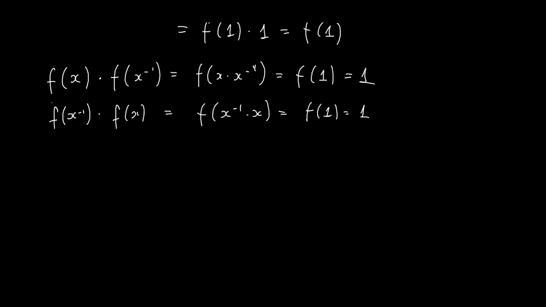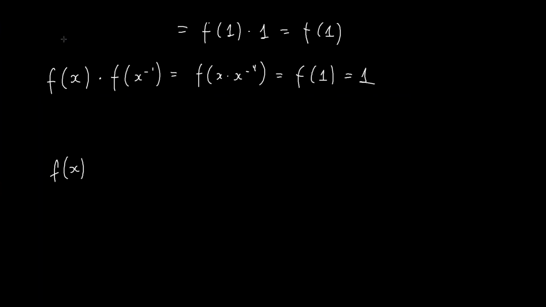So let's see how we can do that. I think we can just take one of these equations, in fact, and we multiply both sides by the actual inverse of f of x on the left side, perhaps. So we actually don't need the other equation. The first one will be sufficient. We take f of x inverse, which we know exists.